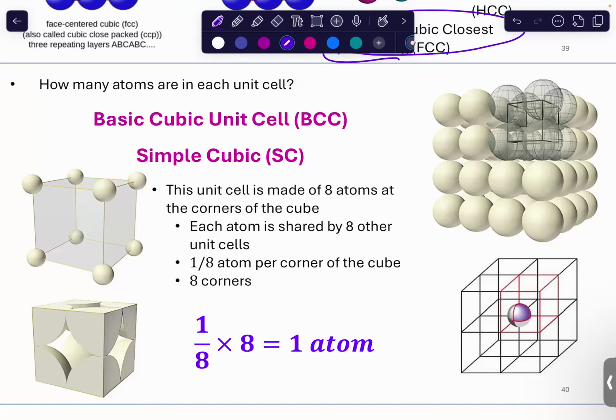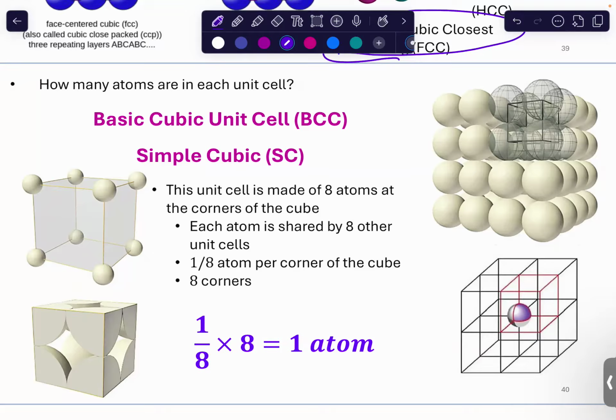Because, for example, if I know the number of atoms in a unit cell, I can tell you what the mass in that unit cell is. So, your basic cubic is only going to have atoms at the corner. But you have to ask yourself, how much of an atom is in a single unit cell? Well, you look here and you see an atom at that corner.